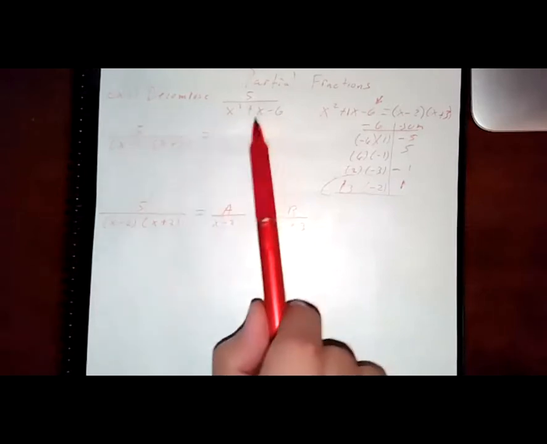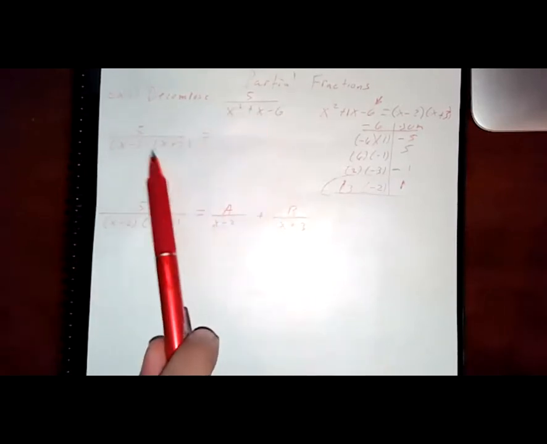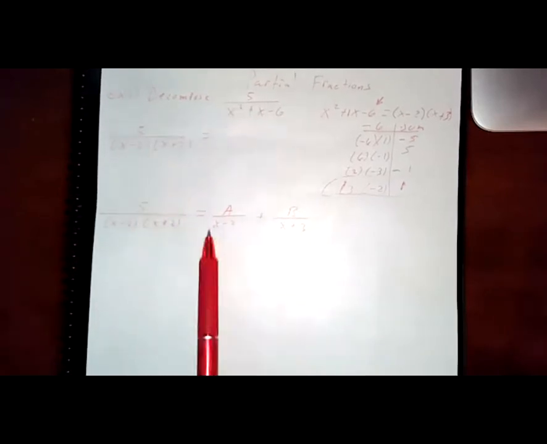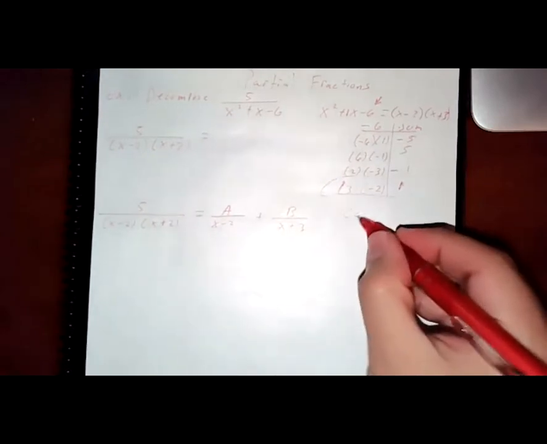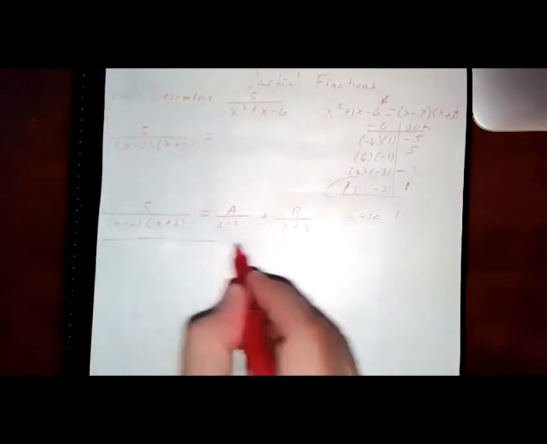And I'll show you how to find the a and b later. It'll be some number. But for now, all I want you to do is be able to factor the bottom and then separate it using the case 1 approach. So this is case 1. Do you have any questions before we go to case 2?